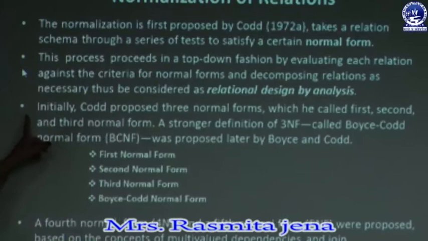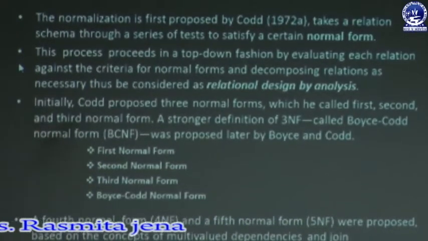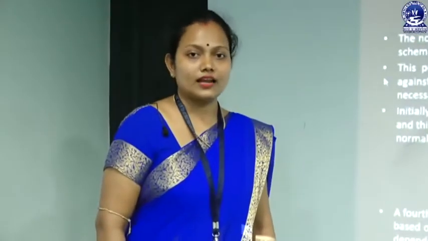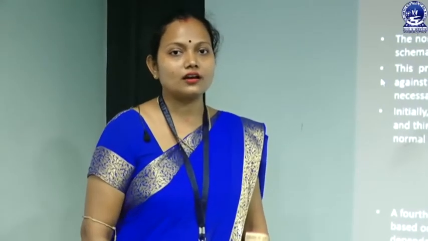Initially, Codd proposed 3 normal forms, that is first normal form, second normal form and third normal form. Then after that Boyce and Codd together introduced another normal form which is stronger than third normal form, that is Boyce-Codd normal form. Then later the fourth normal form was defined based on the concept of multi-valued dependency, and fifth normal form was introduced based on the concept of join dependency.